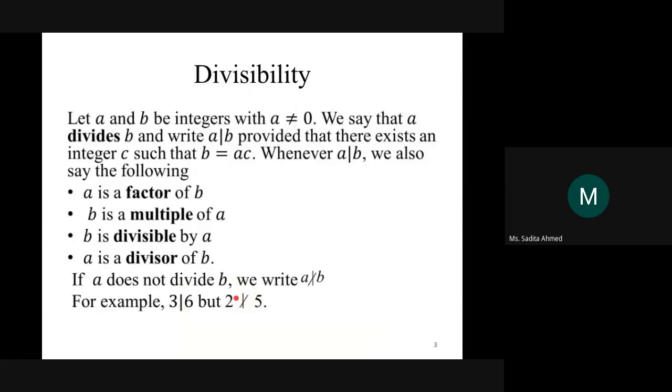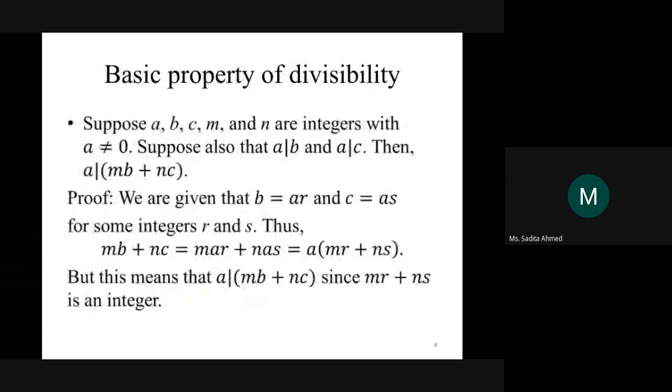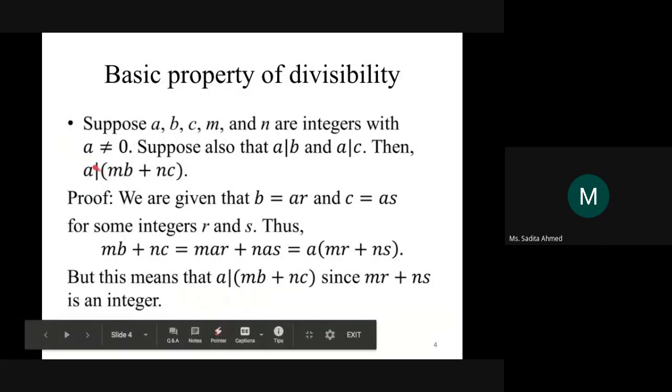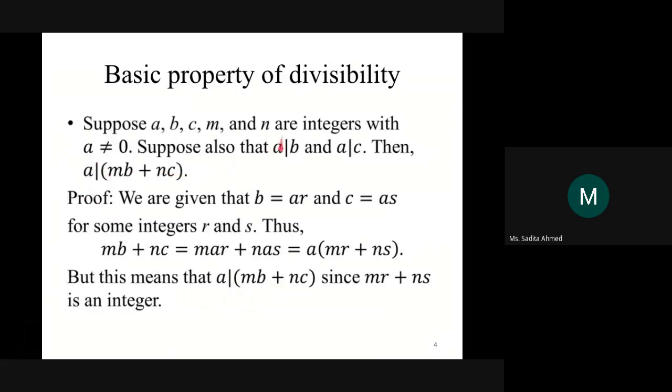Based on the definition of divisibility, the basic property of divisibility tells us that for some integer a, which will never be equal to 0, if a divides some integer b and a also divides some integer c such that the results are integers, then it is also possible to say that a can divide mb plus nc for some integers m and n.